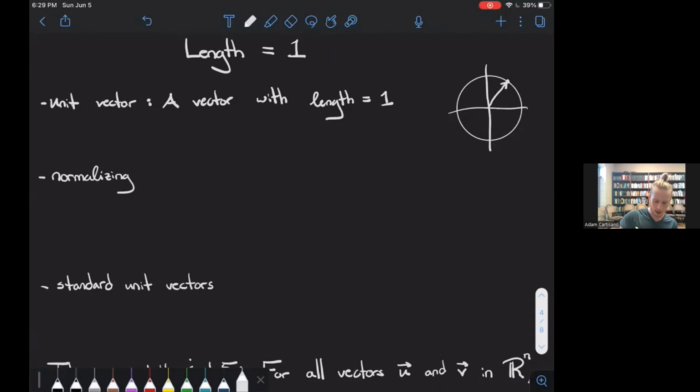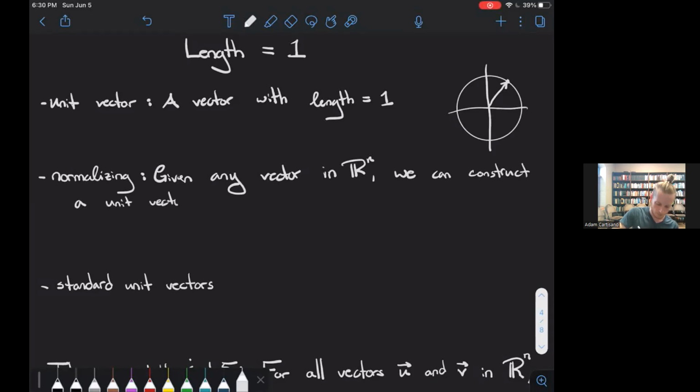So in other words, given any vector in Rn, we can construct a unit vector which is pointing in the same exact direction as your vector.